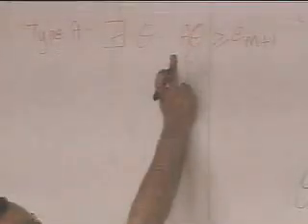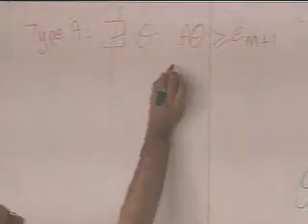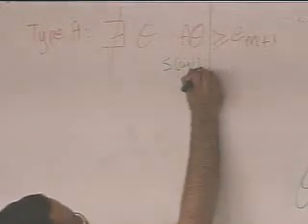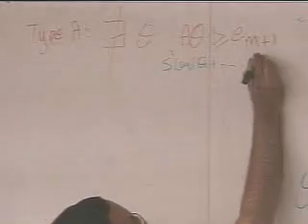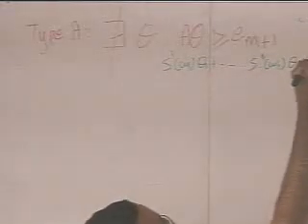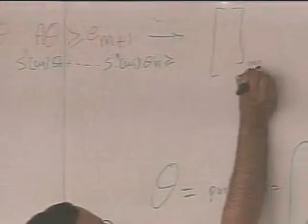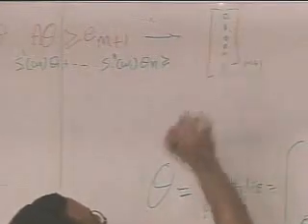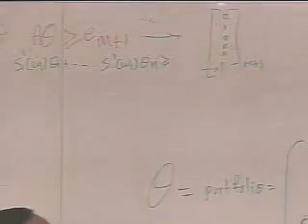So A theta is going to be a vector itself. The first element would be S_1 omega 1 theta 1, up to S_n omega 1 theta n, is greater than or equal to, what is E_{m+1}? E_{m+1} is a vector with m plus 1 elements, all of them 0 except for the m plus 1 element.